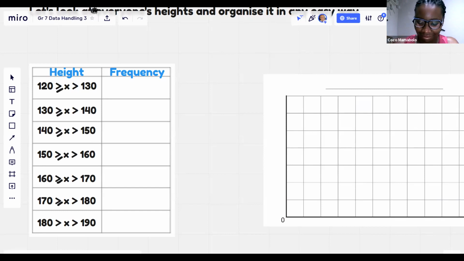Continuous data is data that can take any value. Mm-hmm. And discrete data, ma'am, I got the example. Okay, sure. Give us an example. Size. Mm-hmm.